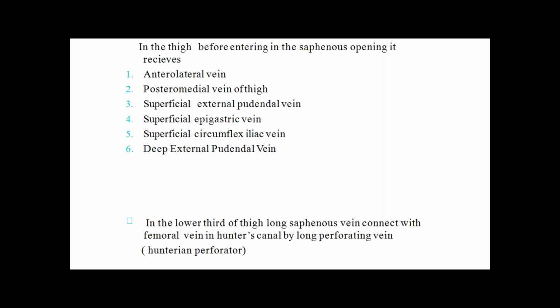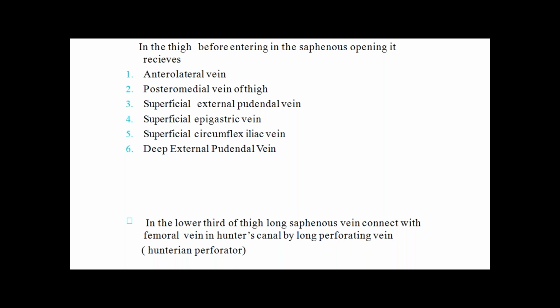So what are the main tributary branches? These are the anterolateral vein of the thigh, the posteromedial vein of the thigh, then the superficial external pudendal vein, the superficial epigastric vein, the superficial circumflex iliac vein and the deep external pudendal vein. So after ligating all these tributaries only, we have to move on to stripping of the vein.